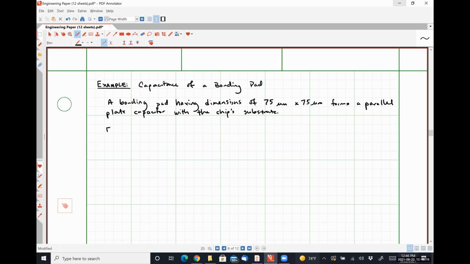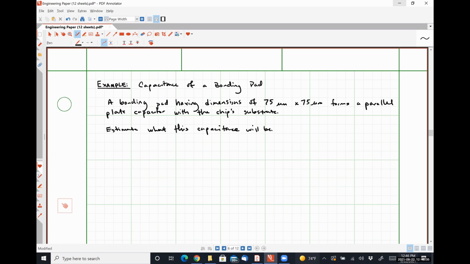Let's estimate what this capacitance will be. All right.